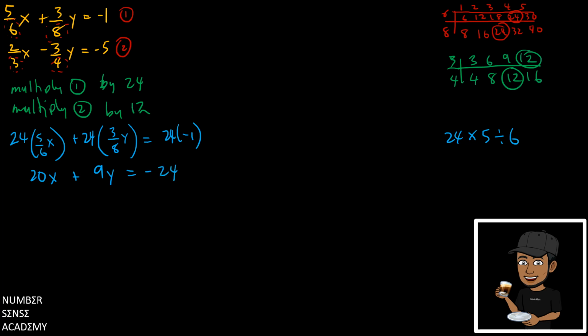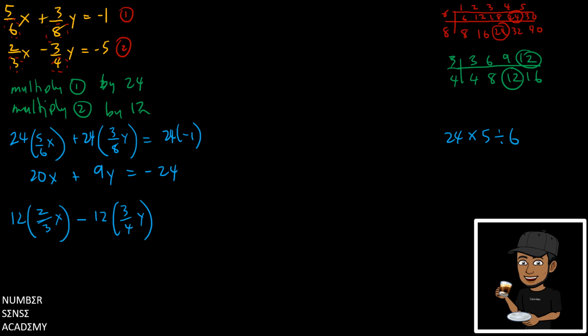So now I go to the next equation, which is multiply equation 2 by 12, and I clearly mixed them both up. So I have 12 times 2 over 3x minus 12 times 3 over 4y. And notice how I squeeze the 12 in front of or behind this minus sign, right?